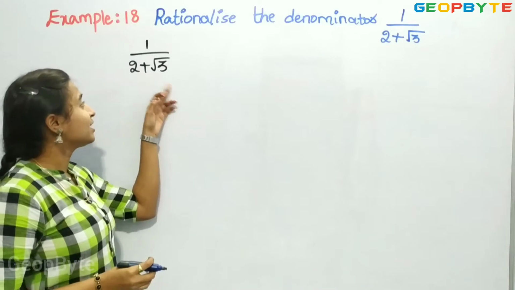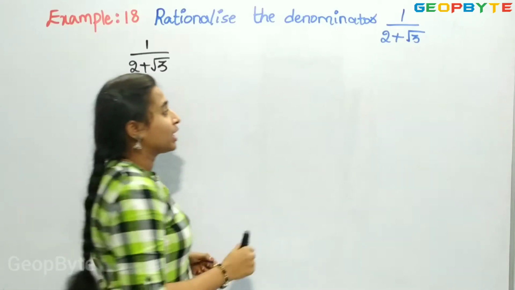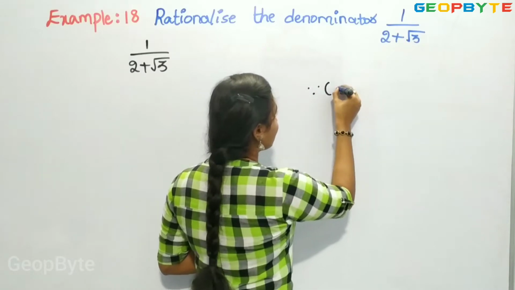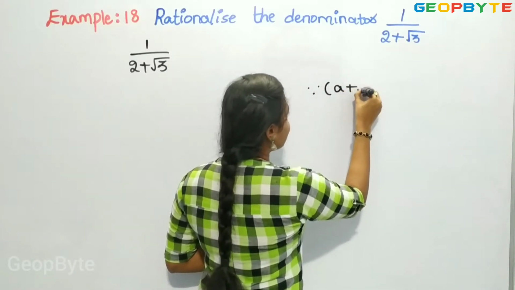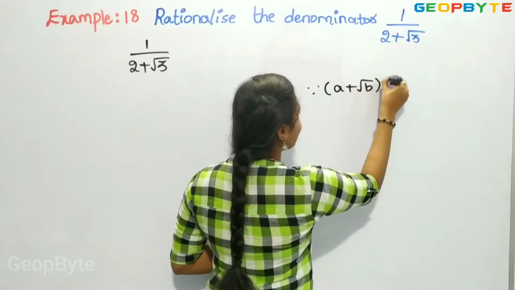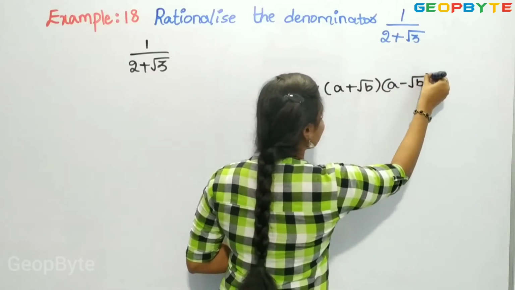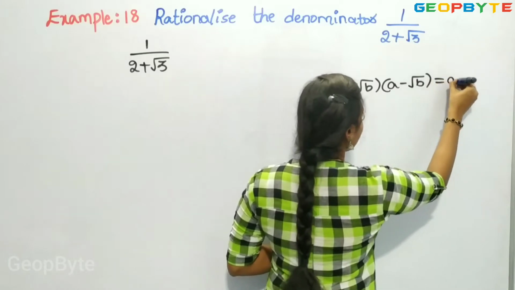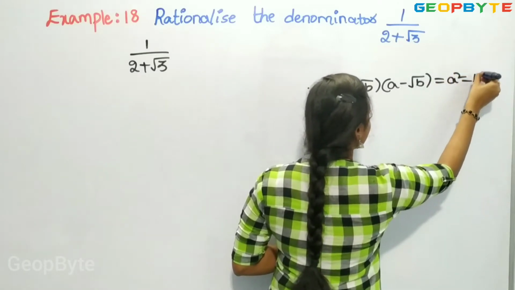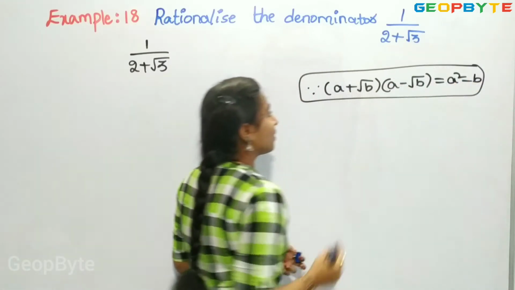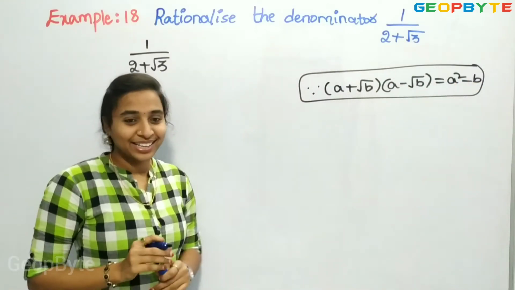By seeing this denominator, we can write this identity: a plus root b into a minus root b is equal to a square minus b. We remember this identity, right?